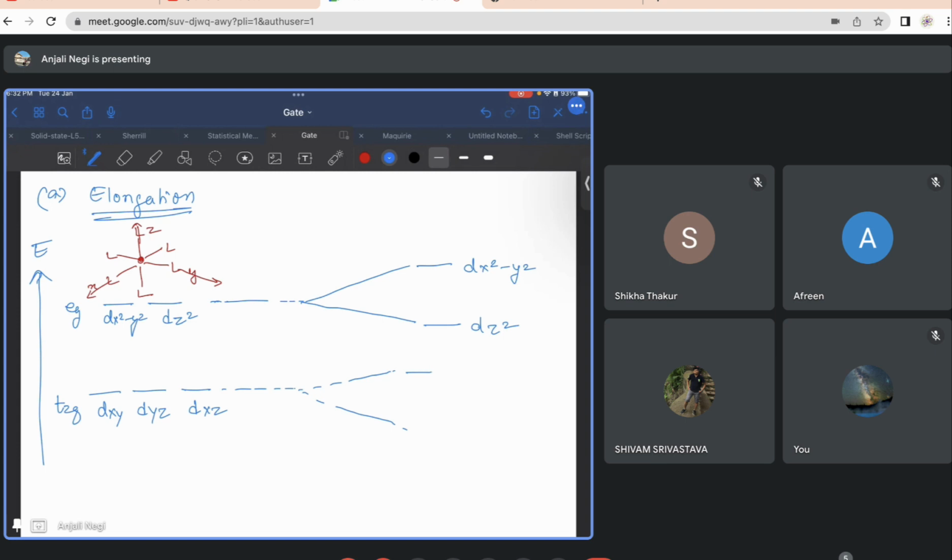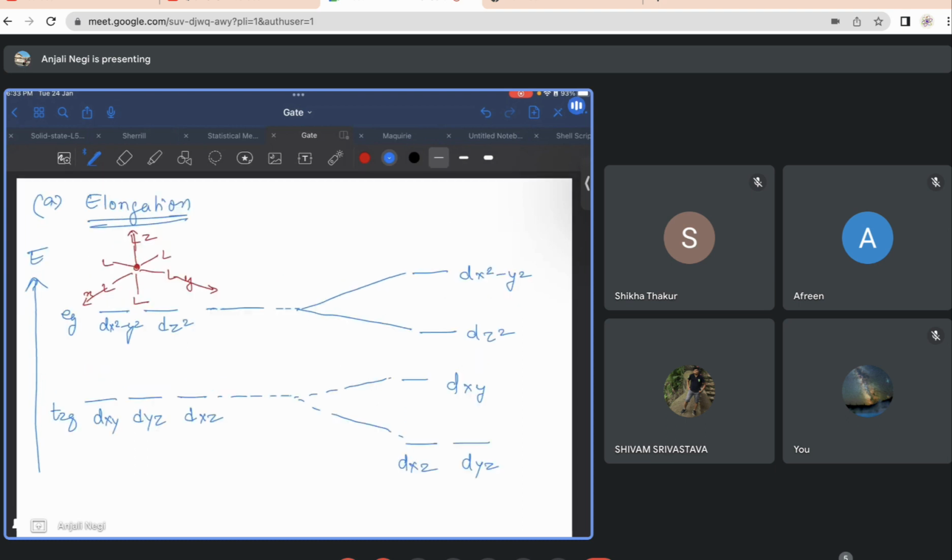Similarly here, this will be dxy and this will be dxz and dyz. Now as we see, the elongation here is stabilizing the d orbitals with the z component, correct?